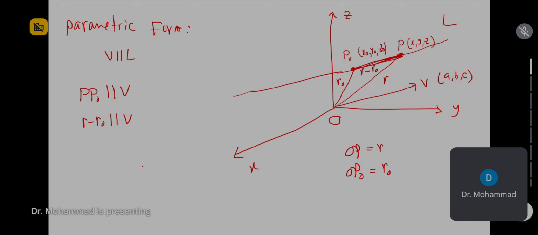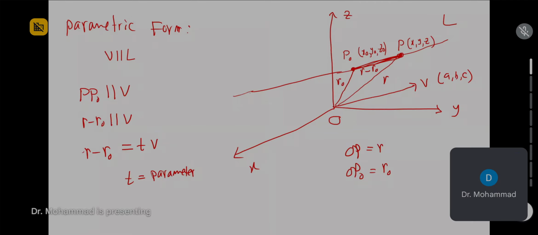We know that if two lines are parallel to each other, then one equals a scalar multiple of the other. So we can write R minus R naught equals TV, where T is some kind of parameter. T is any parameter, and we call it the parameter.